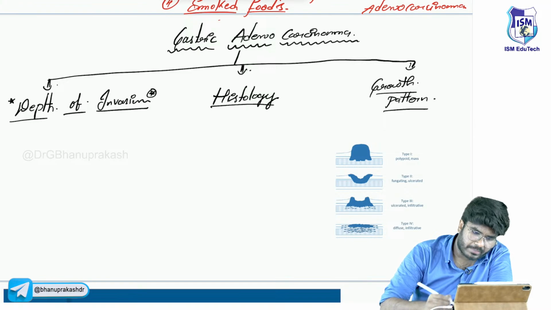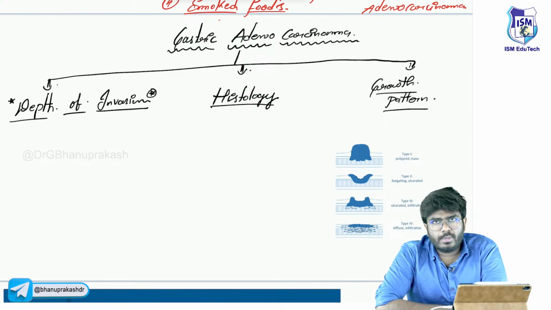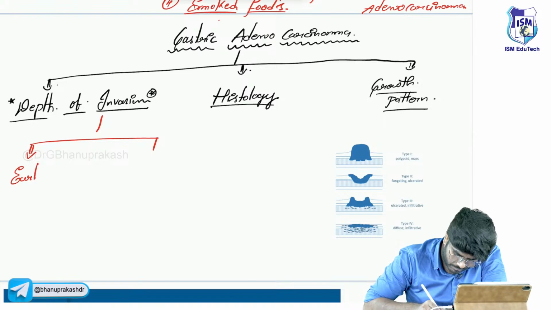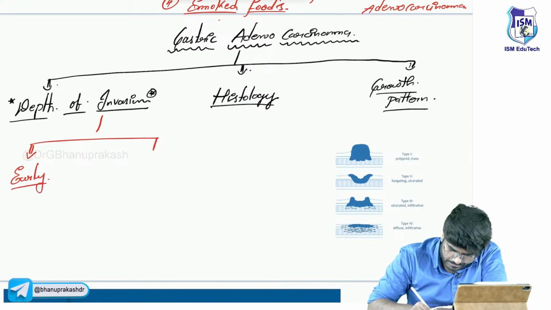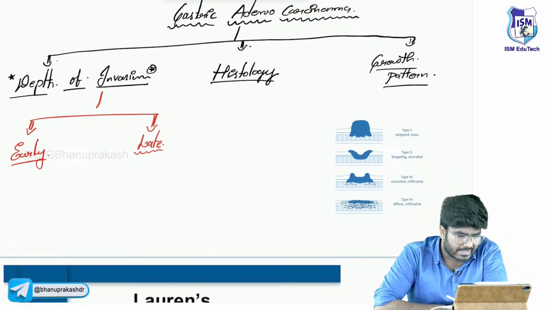Based on the depth of invasion, there are two types: early gastric adenocarcinoma and late gastric adenocarcinoma. What exactly is early and what exactly is late?